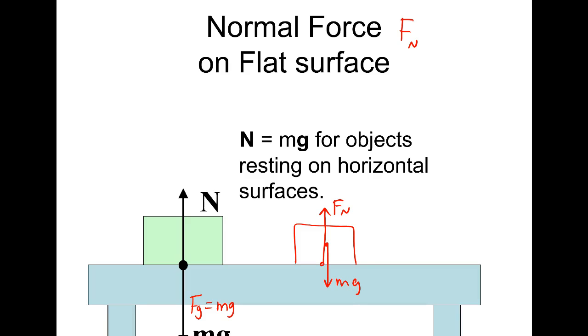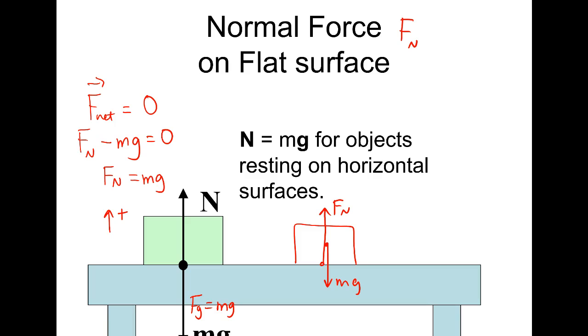So that's something very important to keep in mind. And then if we apply F net is equal to ma, if a is 0, then we have F normal minus mg is equal to 0. And what we're doing is we're applying the fact that the normal force is in the positive direction, which we've just established here, and mg is in the negative direction. Therefore, the magnitude of the normal force is equal to mg.